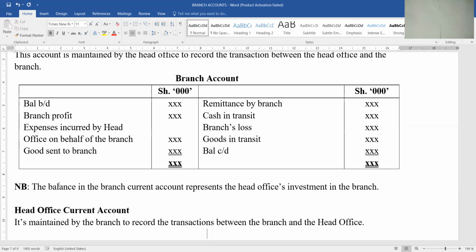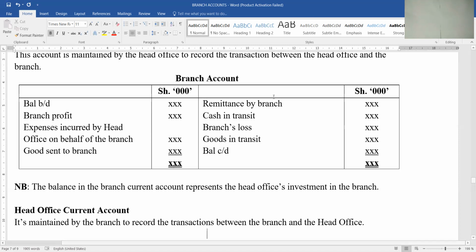That is why, when I will be doing my statement of financial position, remember that for you to prepare the statement of financial position, the head office will prepare an independent statement, the branch will prepare an independent statement, then the head office will prepare a combined one for both the head office and the branch.